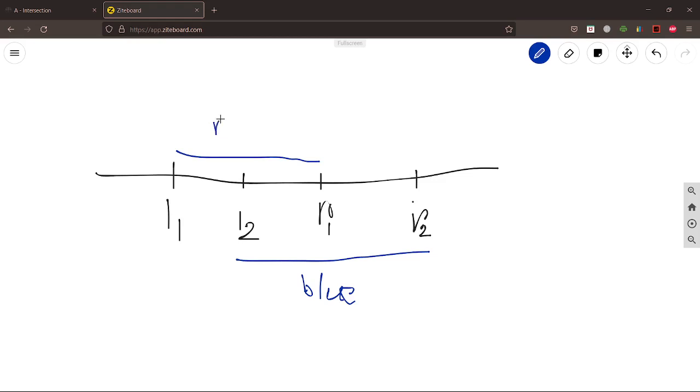Blue and red. Okay, so I have to print out the length of the portion which is painted both in blue and red. This means I have to print the length of this portion. So this is the problem.